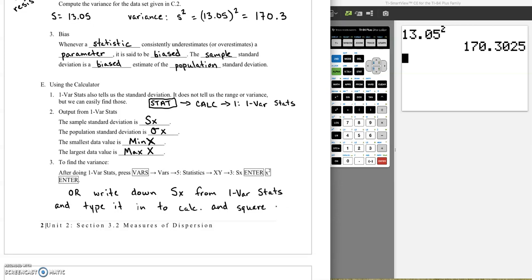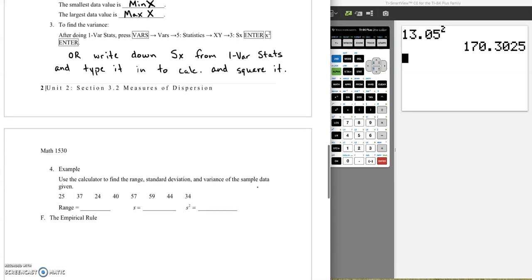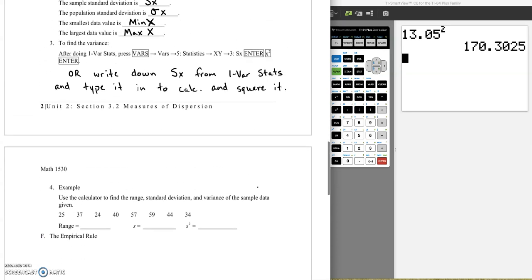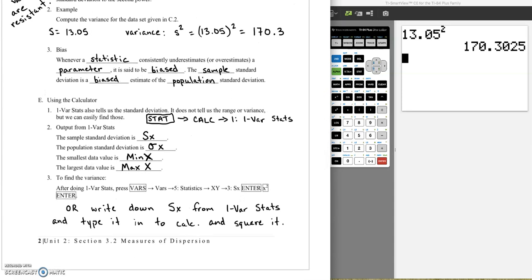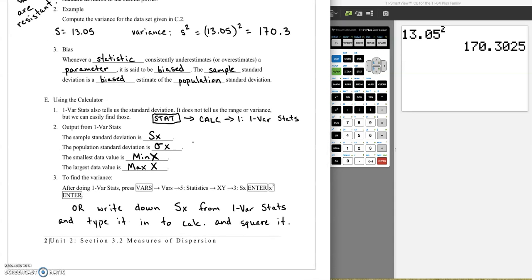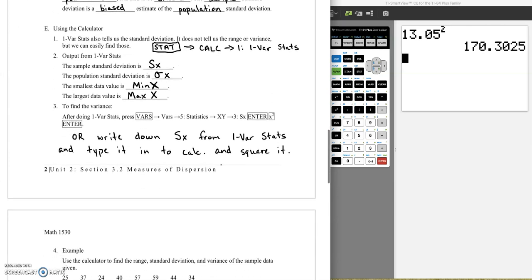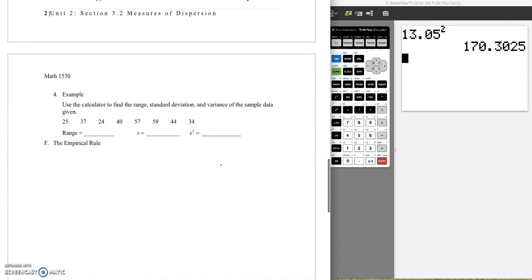So you have two options. The calculator won't tell us the range or the variance, as I said, but it does give us the maximum and the minimum, and we can use that to find the range.